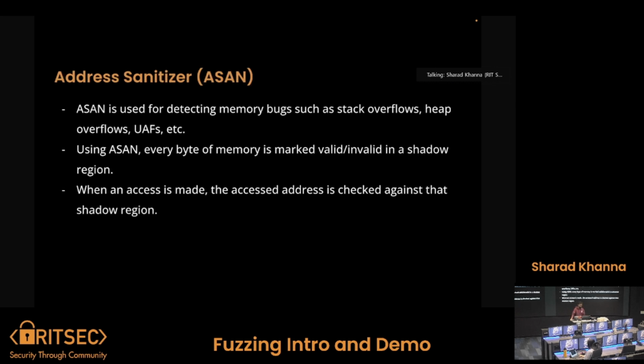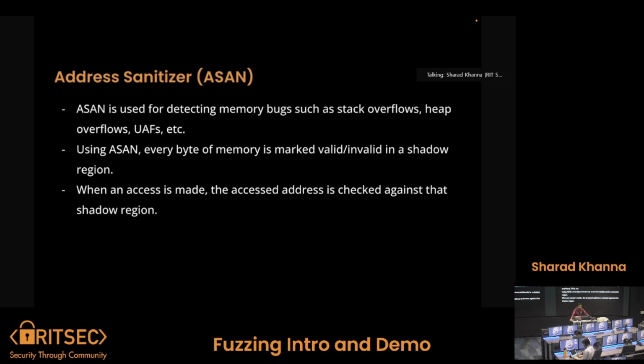All right, most of this presentation is also going to be demos. This is just a high-level background. Address sanitizer, or ASAN, is a pretty key technique we use in fuzzing. The purpose of ASAN is to detect memory bugs: stack overflows, heap overflows, use after frees, etc. The way ASAN works broadly is that for every byte of memory, you also have a shadow region of memory that marks whether that byte of memory is valid or invalid.